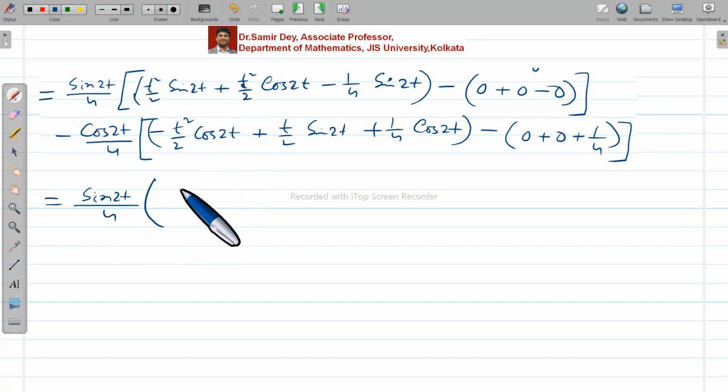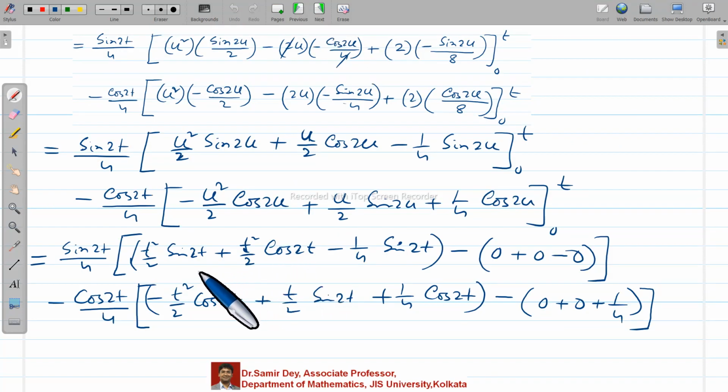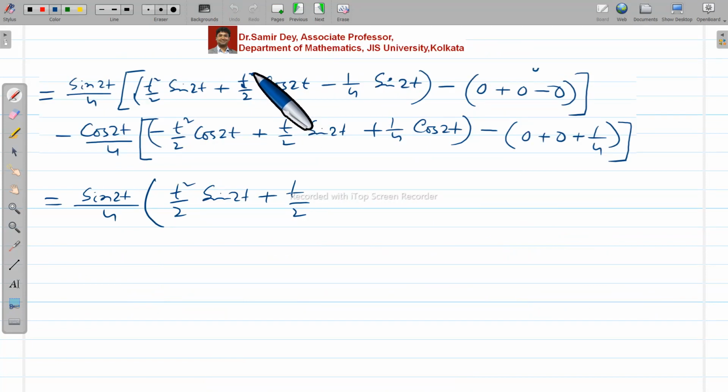So it is coming t square by 2 sin 2t plus t by 2, something is wrong most probably. So here it will be sin 2t and it will be t only, because when you are writing the upper limit t, t square by 2 sin 2t and t by 2 cos 2t. Okay. So this was wrong by mistake.